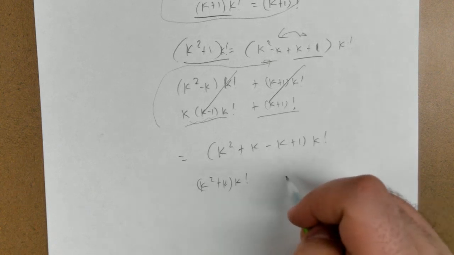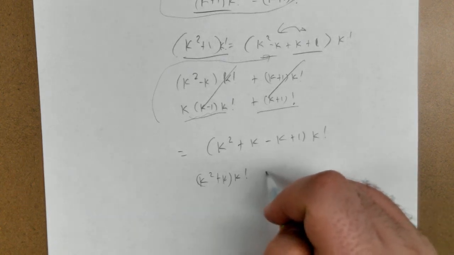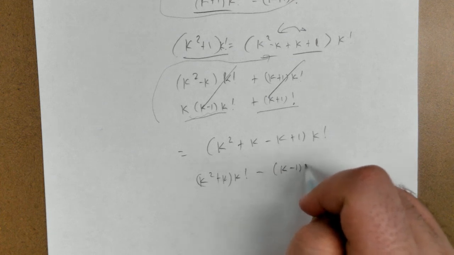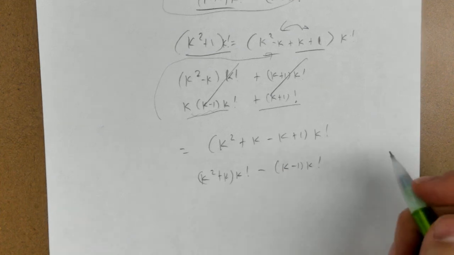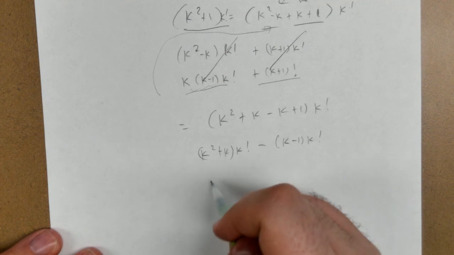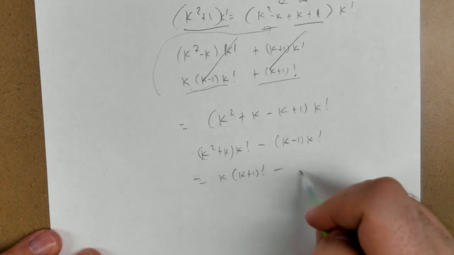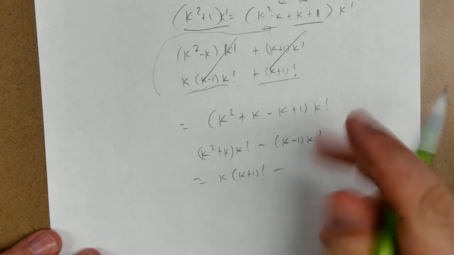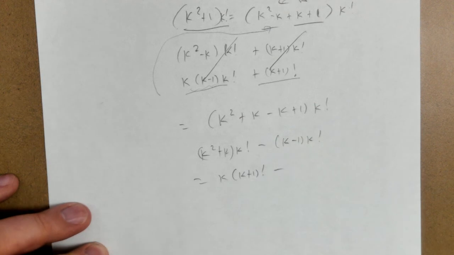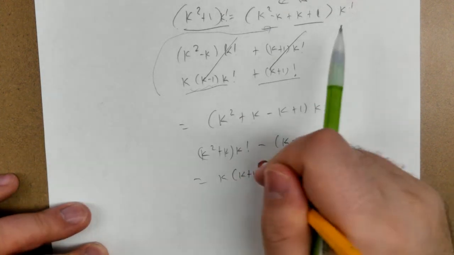I saved you guys having to watch that. So if I do a minus here, well, that would be a k minus 1 times k factorial. And then I can factor a k over here to get k plus 1 factorial minus k plus 1 and then k factorial. And then minus that other stuff.